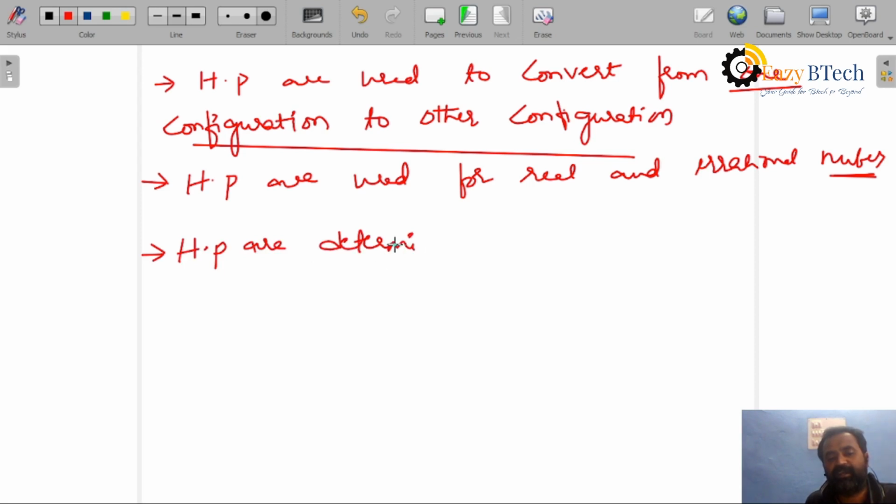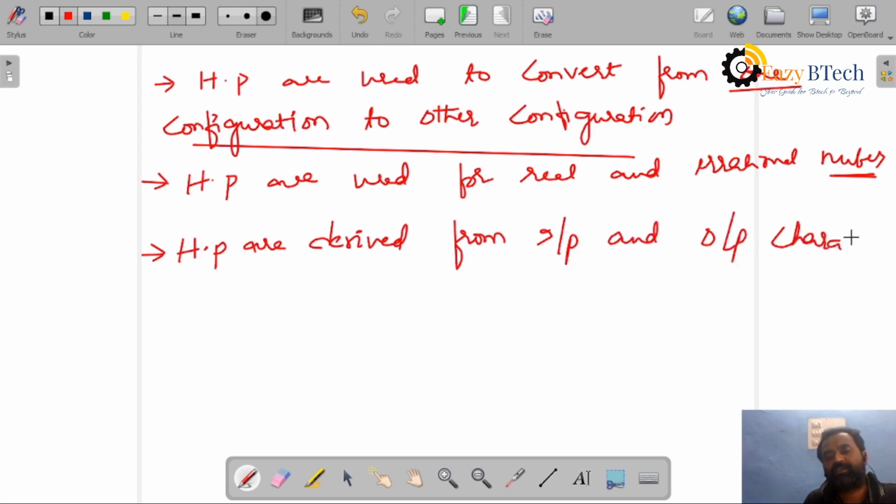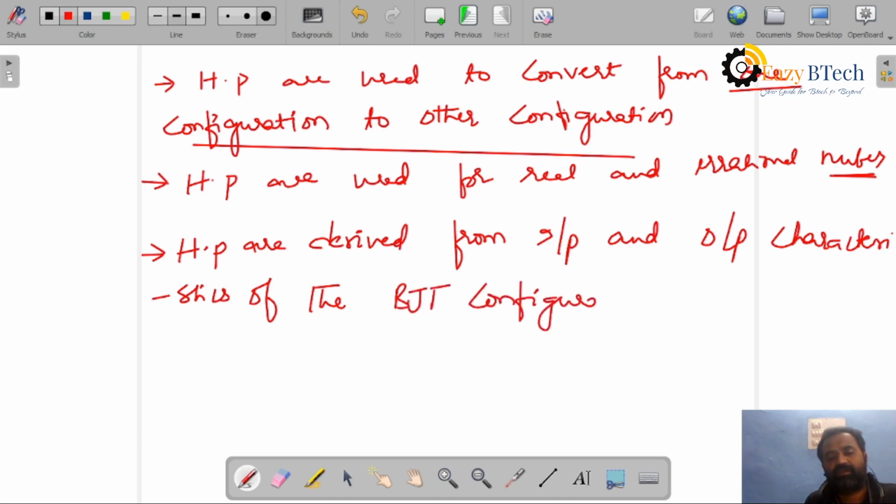Hybrid parameters are derived from the input and output characteristics of the BJT configurations. Okay, hybrid parameters are derived from input and output characteristics of the BJT configurations.